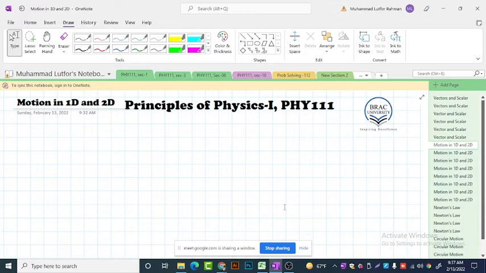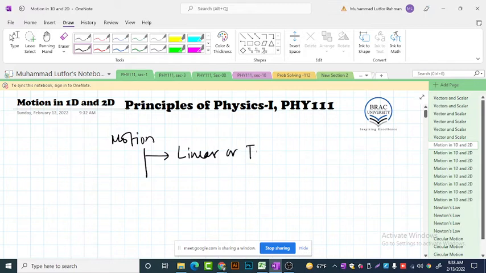We can say an object has a motion when it is basically moving, right? That means when it's changing its position. So that motion we can categorize in two ways. One is linear motion, or sometimes we also say translatory motion.